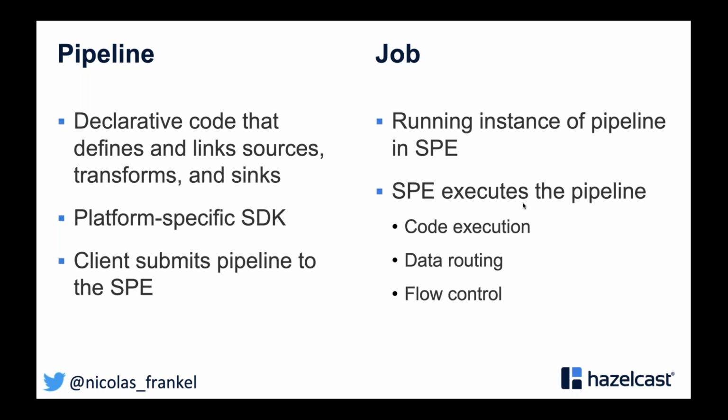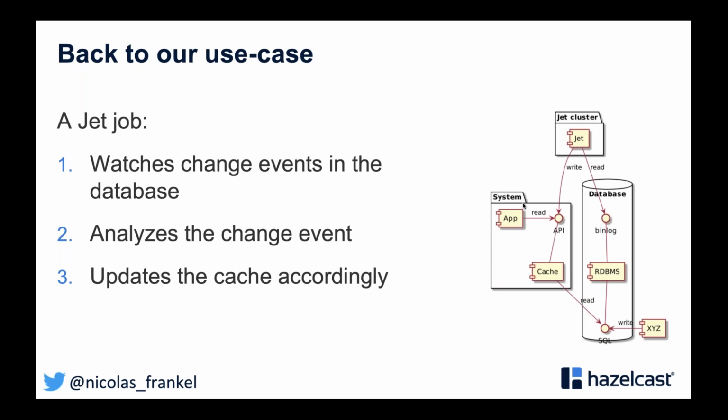Now I think that we have all the pieces that we need. We still have our application that reads from the cache. We still have our database, and we still have this strange component, whatever it is, that changes the underlying data.